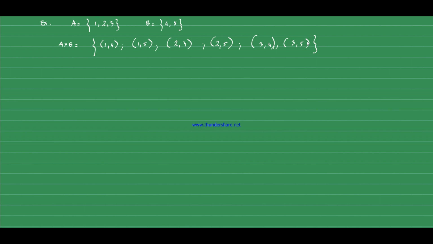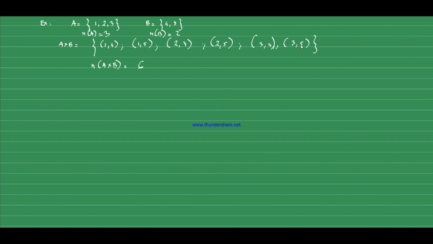So totally we have 3 times 2, which is 6. That's how you check whether or not you missed any element in this product set. The cardinality of A is 3, and the cardinality of B is 2, so the cardinality of A cross B will be 6. Make sure that you have 6: 1, 2, 3, 4, 5, 6.